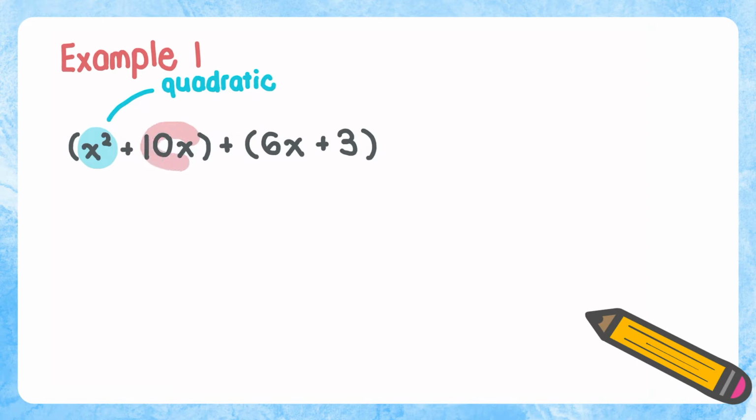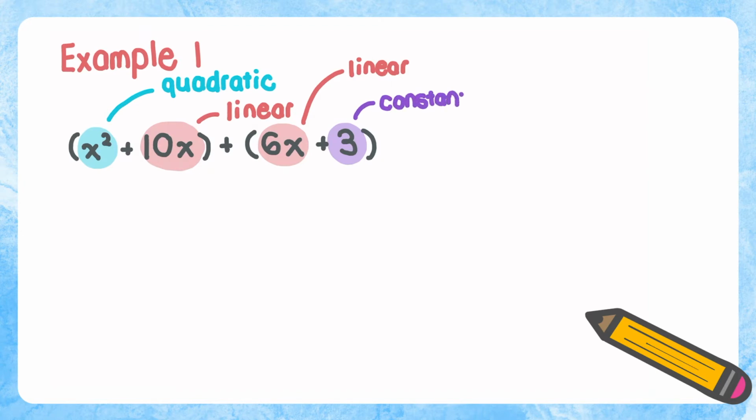And then let's look at the 10x. Since this one is a degree of 1, we would call this a linear term. And then next, let's look at the 6x. So the degree is 1 here, so this is a linear term as well. And this last 3 right here, since it's just a number, remember we would call this a constant term.